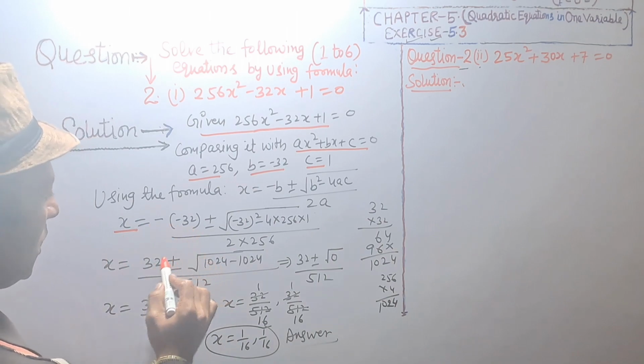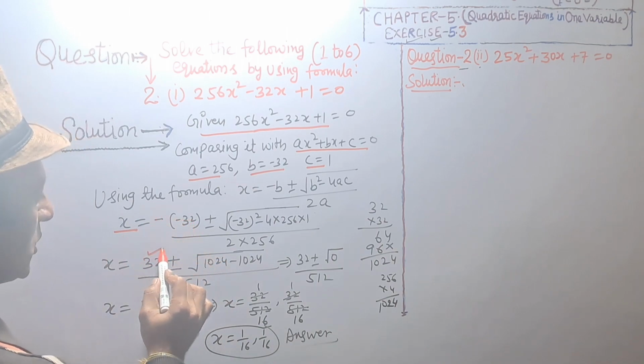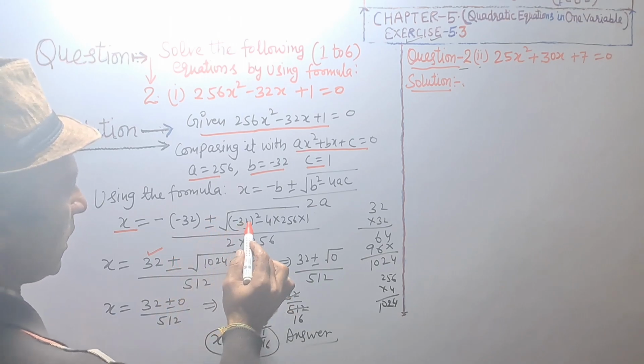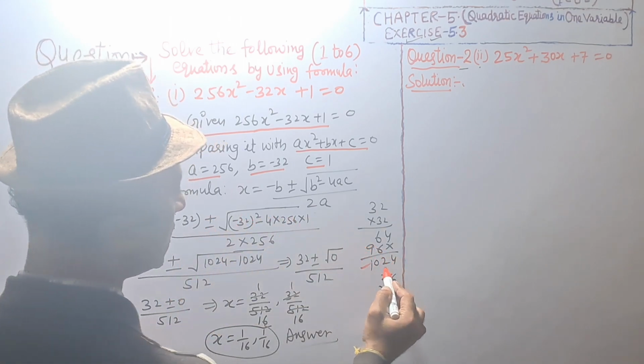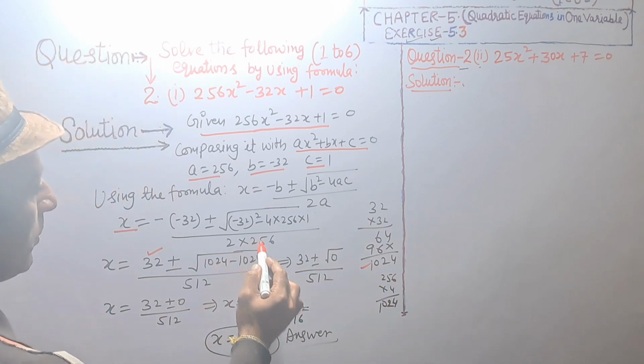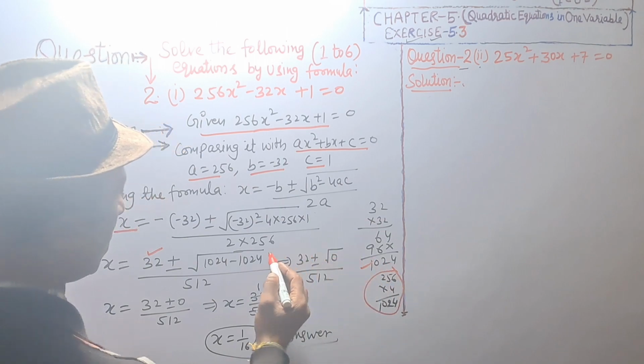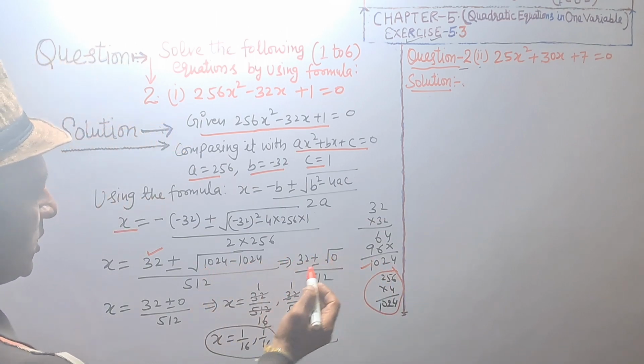X equal to minus that will be positive and plus minus, 32 square we get 1024 minus 256 4s are 1024 and this will be 0.